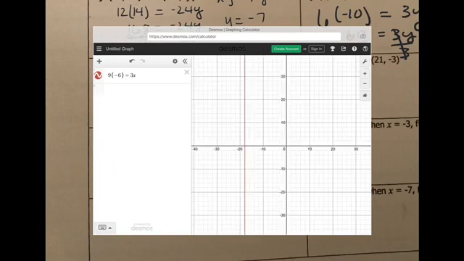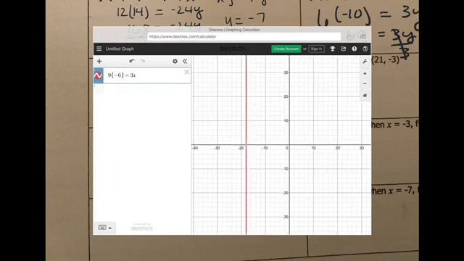Our answer, you might have to zoom in, will be wherever it crosses the x-axis, okay? So being that it crosses the x-axis at -18, x is -18.